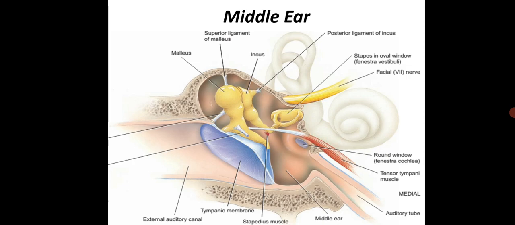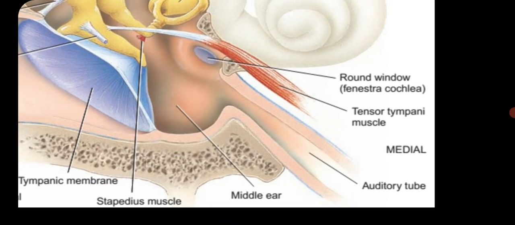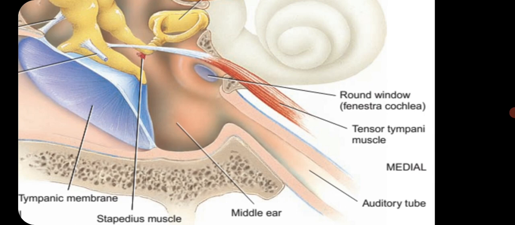Apart from this, another part you will see here, that is the auditory tube. See, if you can see here, this is the auditory tube. So here the middle ear opens into the oral cavity at a specific point like the nasopharynx, and that specific tube is termed the auditory tube.